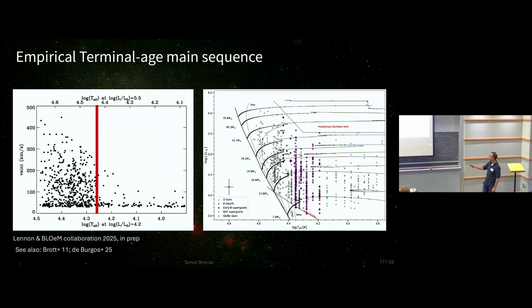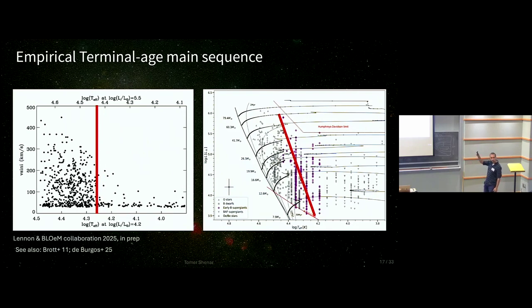Basically, they measure the rotational velocities of the sample, of all the stars, and they note a sharp drop beyond a certain regime, that they plot here as a function of temperature, for given luminosities. You can translate this basically to a regime on the HRD where you see this sharp drop.